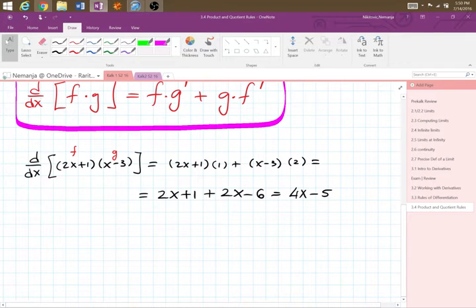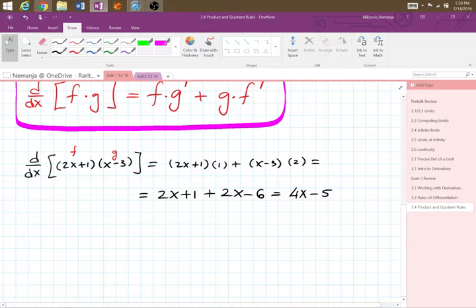So some of you might memorize f g prime. Some of you might memorize the verbal. I don't know, for whatever reason, I'm visual. For me, graphs, charts, give me a lot of that stuff, and it just clicks. For some reason, I remember this as: copy the first, derivative of the second, plus derivative of the first, copy the second.